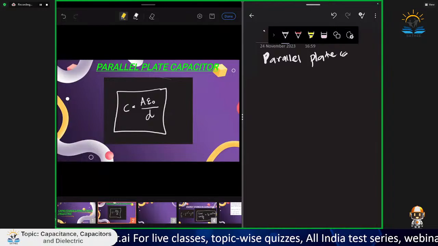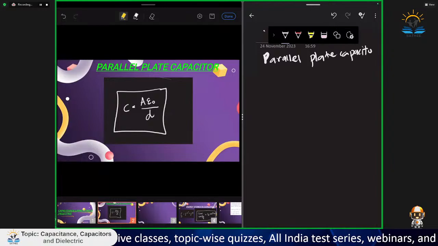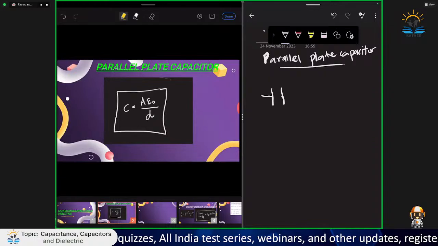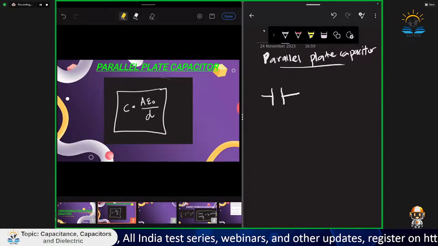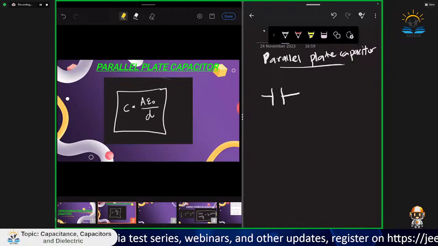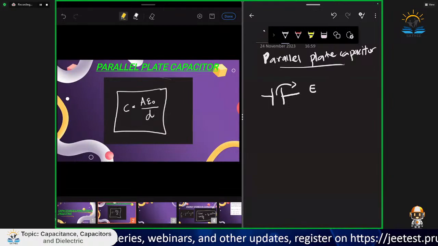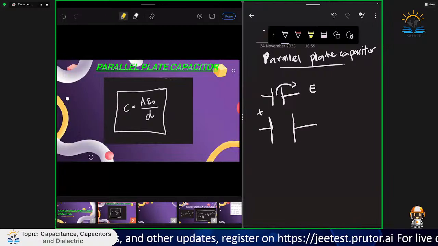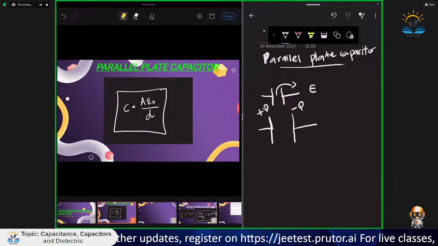Parallel plate capacitor. This is actually a parallel plate capacitor. The electric field here is, as we all know, because of plus Q charge and minus Q charge.